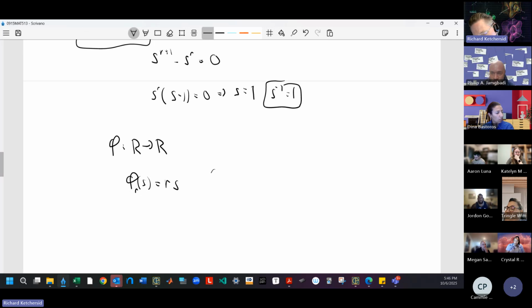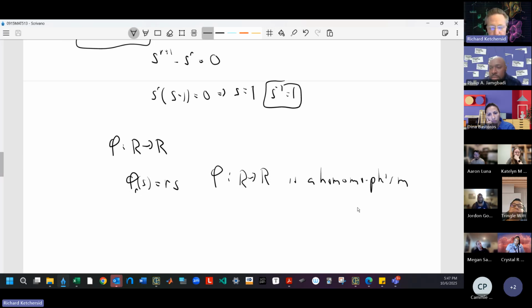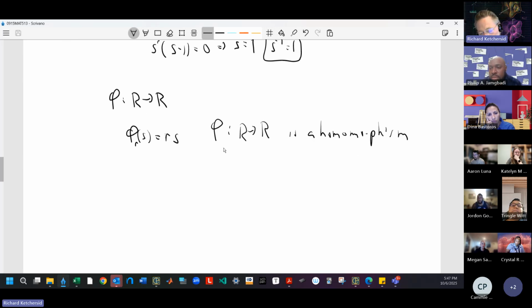Okay, then phi going from R to R. So now you do have to prove some things. You have to show it is a homomorphism. So you need to use some facts about homomorphisms for this argument to work, right? That's easy to show, right? Because what you need to show is that phi of S1 plus S2 is phi of S1 plus phi of S2.